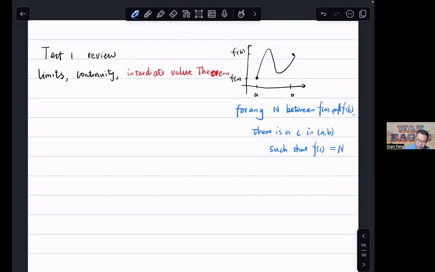No matter which point you choose, you can always get a c. This is our n here, such that f of c equals n. So that's the intermediate value theorem.